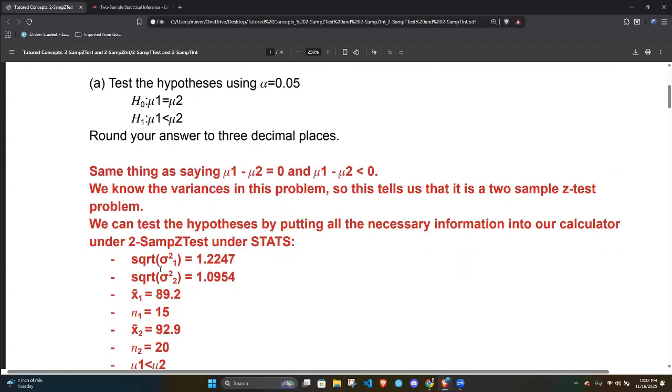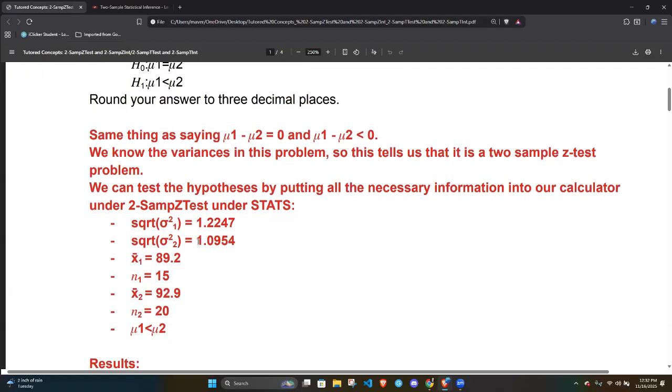And so with this, we have the standard deviation for Formula 1 being the square root of the Formula 1 variance, which in this case is 1.2247. We have the square root of the Formula 2 variance, which is 1.0954. And these are both the standard deviations for this calculator function.